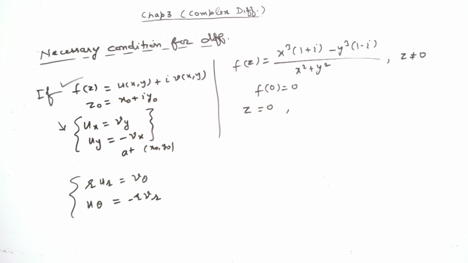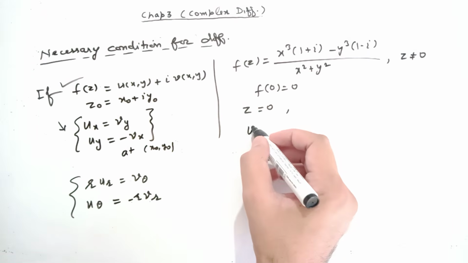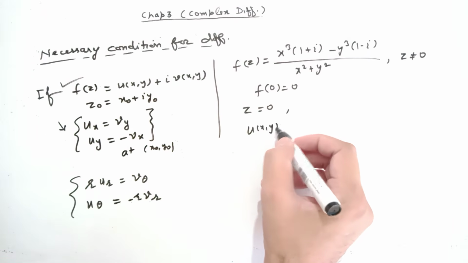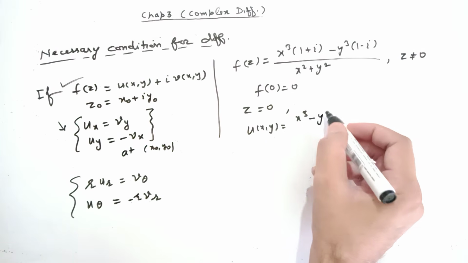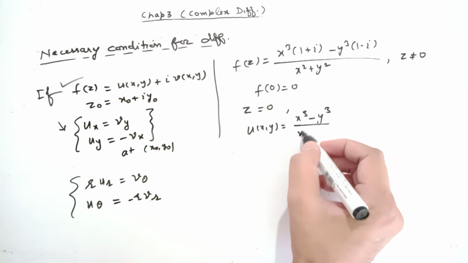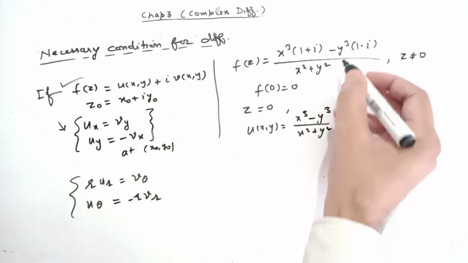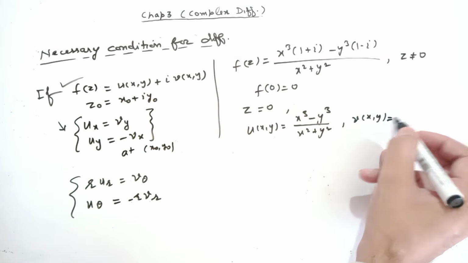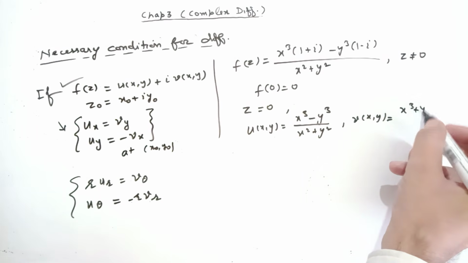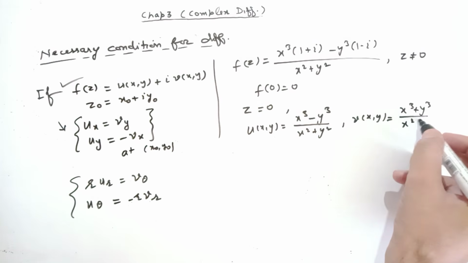First, let us check how CR equations are satisfied. So what is u(x,y) for the given function? x cube minus y cube over x square plus y square. You can separate the real part from this, and v(x,y) is x cube plus y cube divided by x square plus y square.